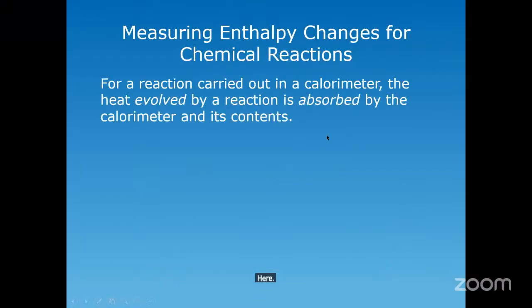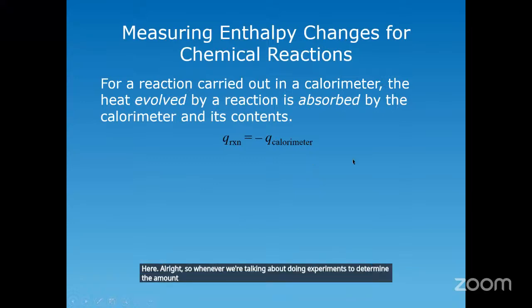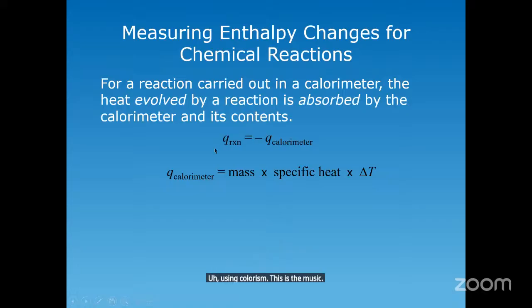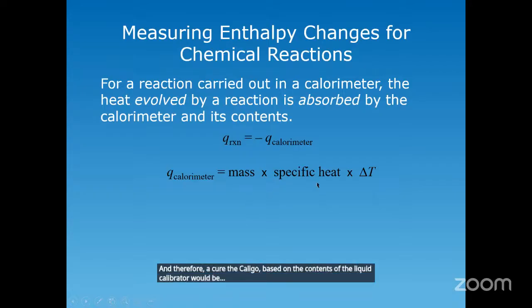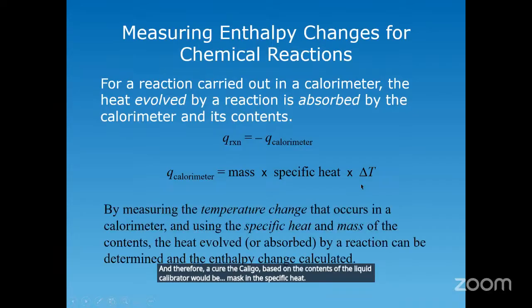All right, so whenever we're talking about doing experiments to determine the amount of heat change using a calorimeter, this is the basic relationship between the heat change of the reaction and the heat change of the calorimeter. Q reaction is equal to minus Q of the calorimeter. And therefore, Q of the calorimeter, based on the contents within the calorimeter, would be mass times the specific heat times the change in temperature.